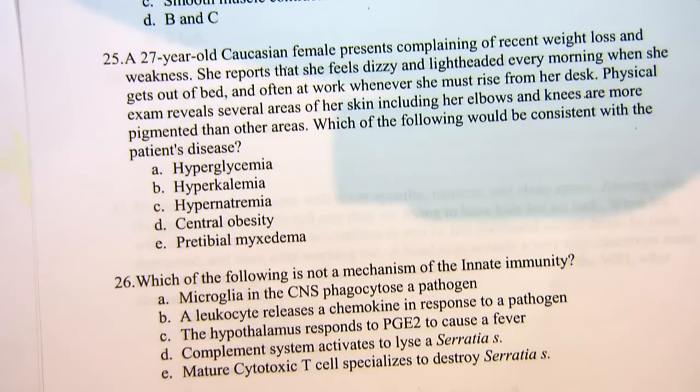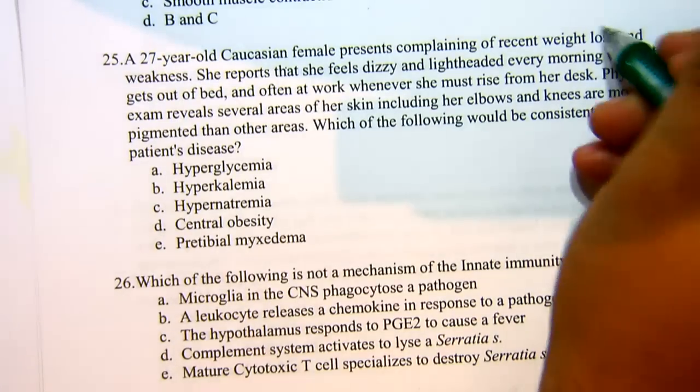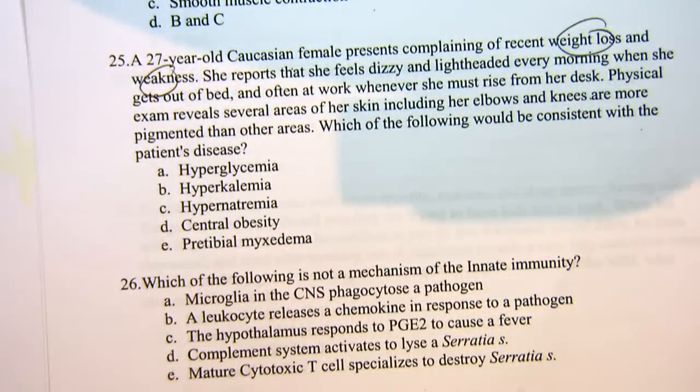So 27 we can do together. A 27-year-old Caucasian female presents complaining of recent weight loss and weakness. She reports that she feels dizzy and lightheaded every morning when she gets out of bed and often at work whenever she must rise from her desk.